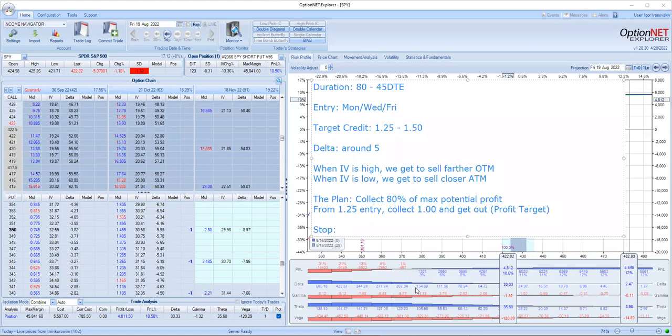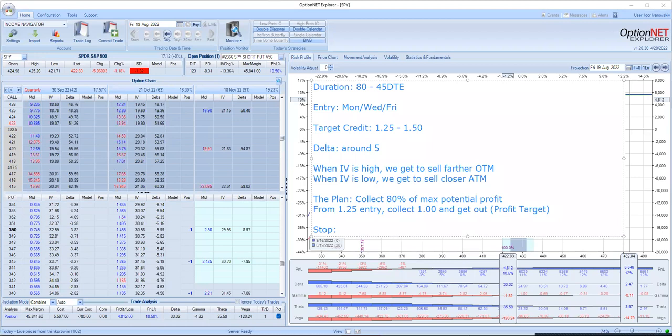So my stop was set at 3x credit. So if I collected, let's say, $1.25, I'm willing to lose 3 times $1.25, which means that if I collect $1.25, I'm going to close the trade at around $5.